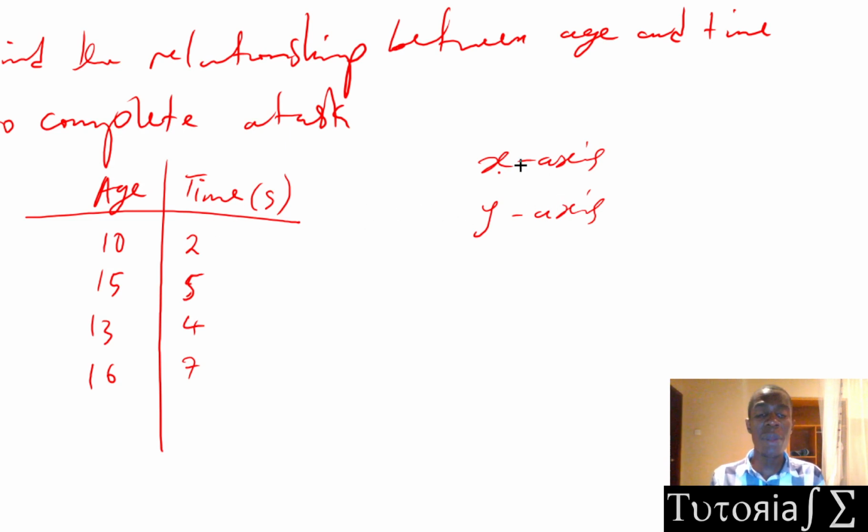Those that should be on the x-axis are independent variables, meaning that we can change them easily.